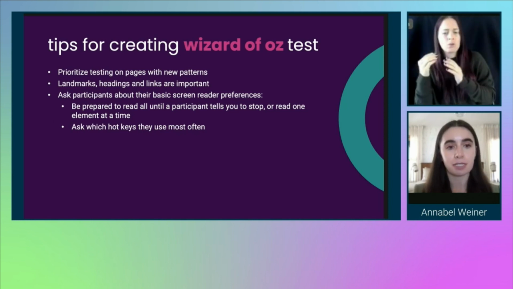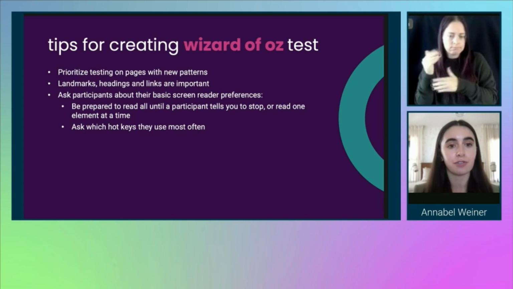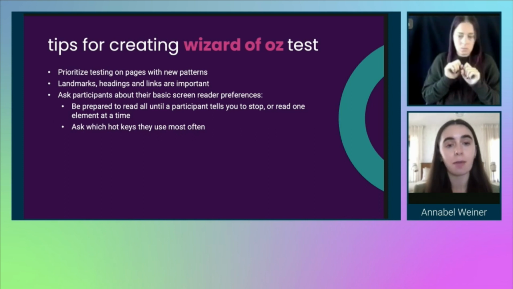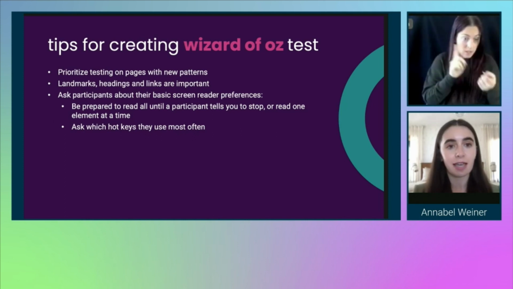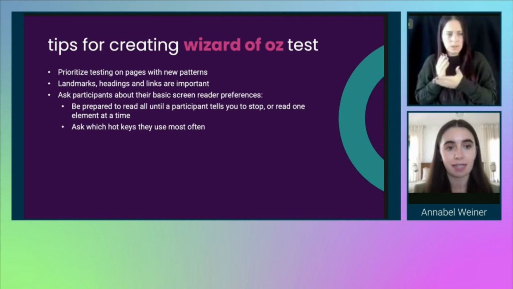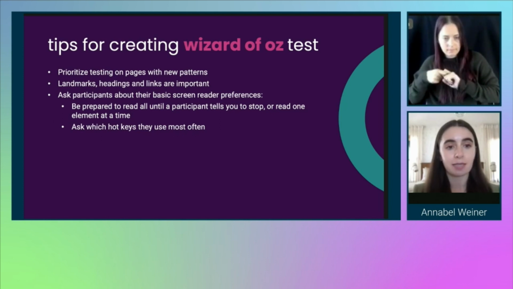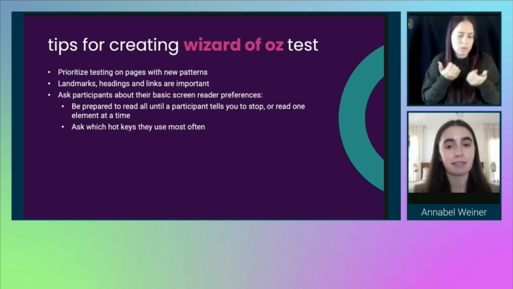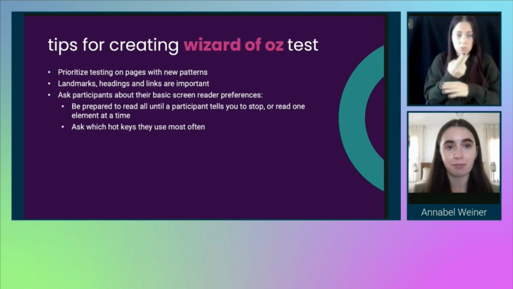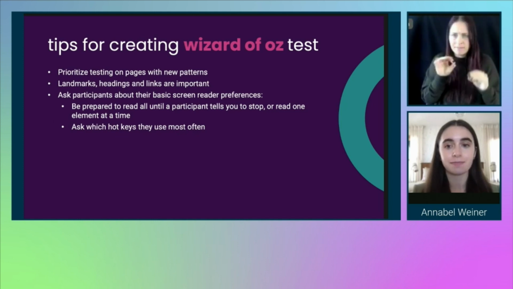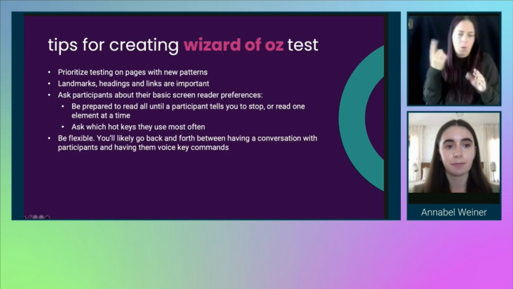We can ask participants if they want the screen reader to read everything until they tell it to stop, or to read one element at a time, and be ready to do either of those settings. Then we can also ask about which hotkeys they use most often and ask for clarification if we weren't sure what one of those did.